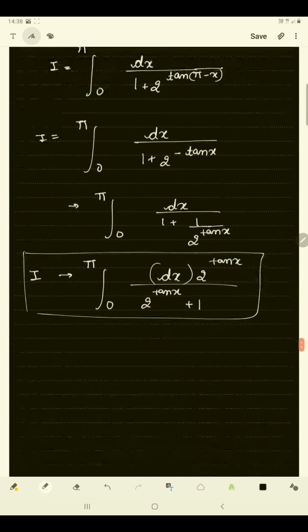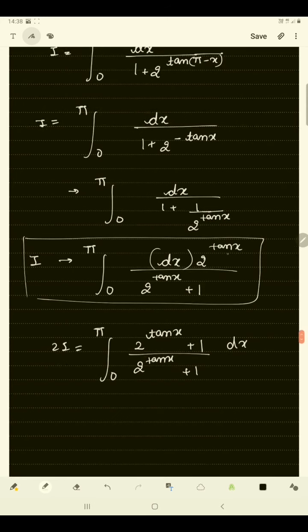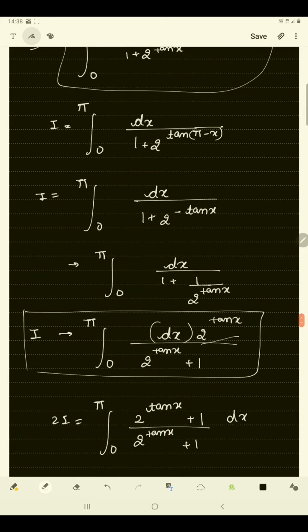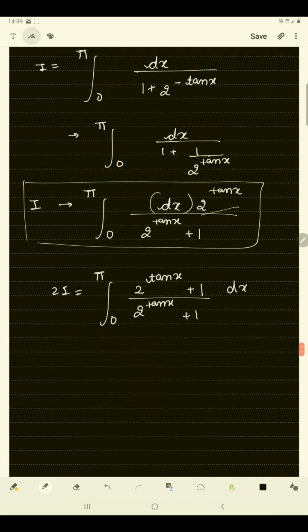Now adding both of them we get 2I is equal to 0 to pi of 2 to the power tan x plus 1 upon 2 to the power tan x plus 1 dx, because we have a 2 to the power tan x in the numerator in this I and a 1 in this I. So adding them we get this.